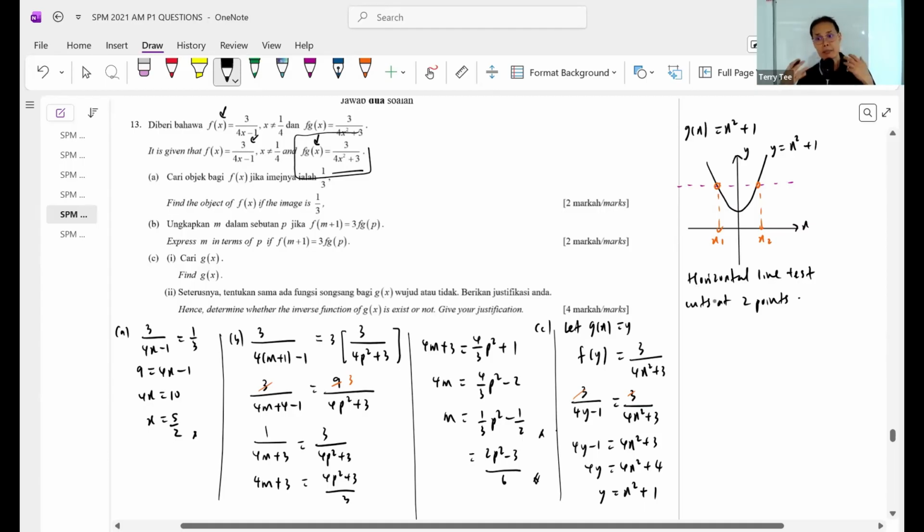You can say g(x) is a many-to-one relation, so it's not one-to-one. Only one-to-one has an inverse. Therefore, the inverse function of g(x) does not exist. Okay? I would suggest you draw, because drawing is easier to show, right?